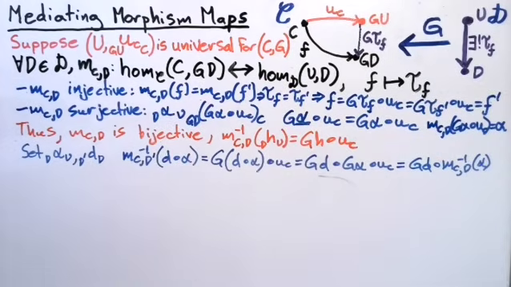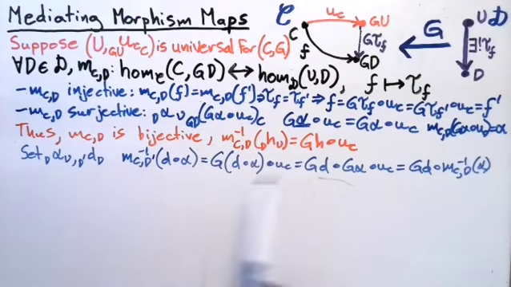So what is this formula saying? It's basically saying that if we apply this inverse of the mediating morphism map to a composition, we can actually just pull the first morphism out by applying the functor to it, right? So we kind of pull this D out of the inside of this function by just applying the functor D to it.